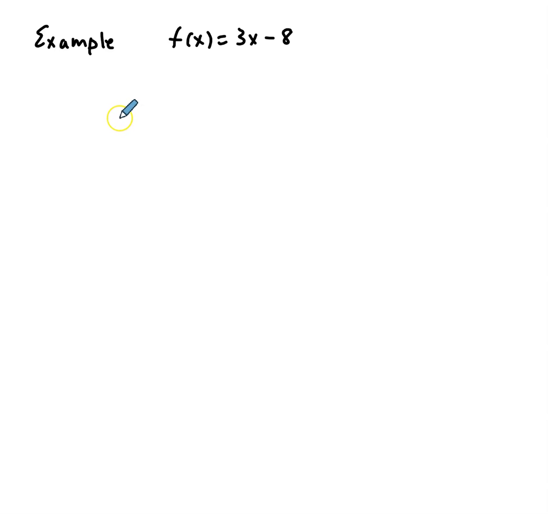So in the procedure, we saw our y becomes 3x minus 8. We switch our x's and our y's, and then we proceed to isolate for the new y. And so this becomes negative 3y is equal to negative x minus 8.